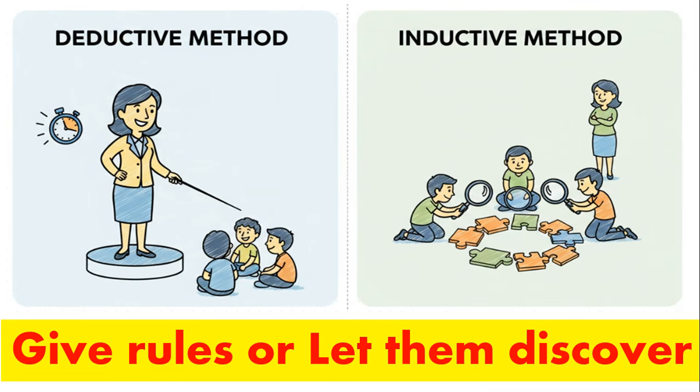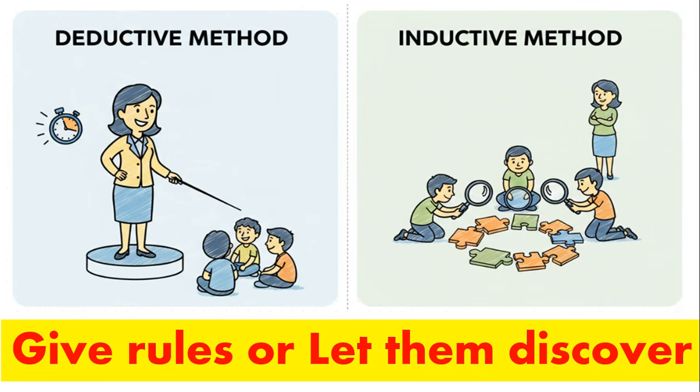Number 1, the deductive method, the teacher-centered method. The teacher gives instructions, the teacher gives the rules. And number 2, the inductive approach, the teacher lets the students discover by themselves. So, in the first approach, the teacher gives rules.